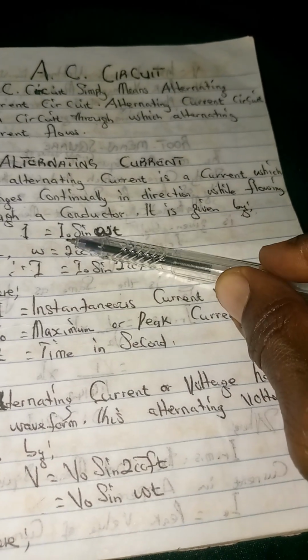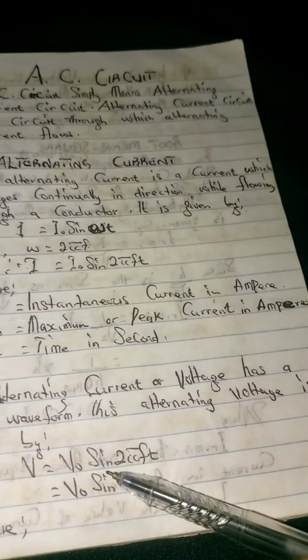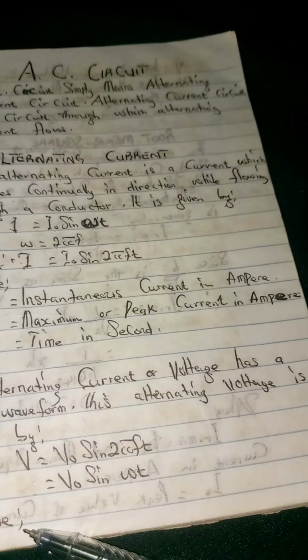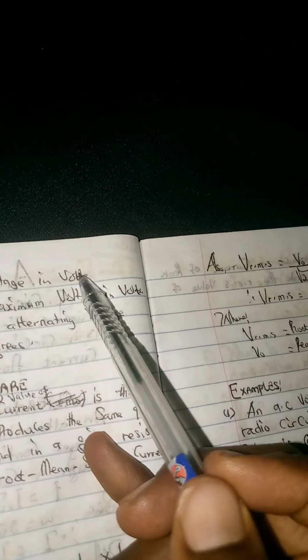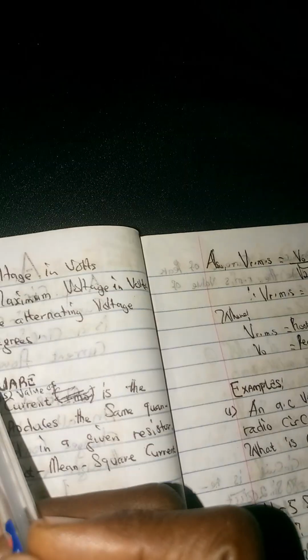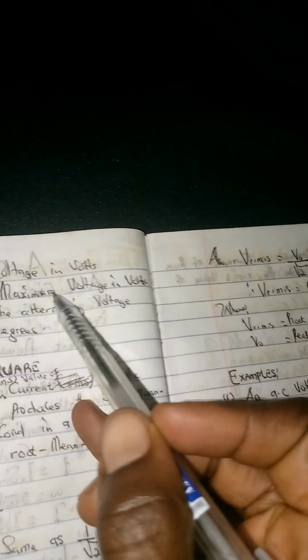Where you are supposed to have the peak current, you are going to have your peak voltage. These are the same thing. Where your V stands for the instantaneous voltage, voltage is measured in volts, and you also have your peak voltage. You can equally call it maximum voltage, and it is measured in volts.